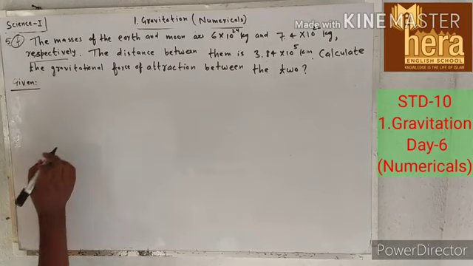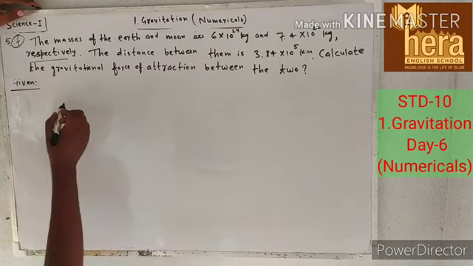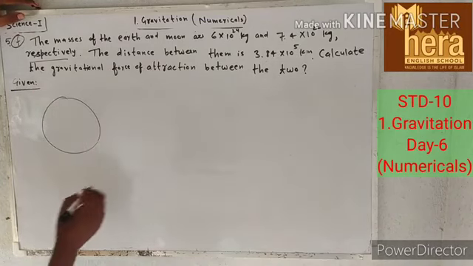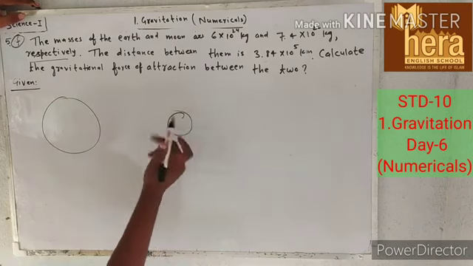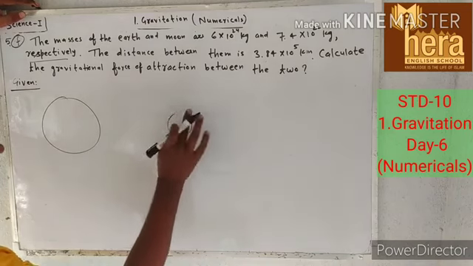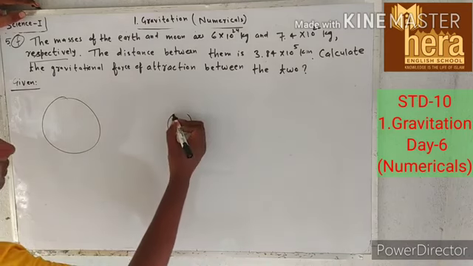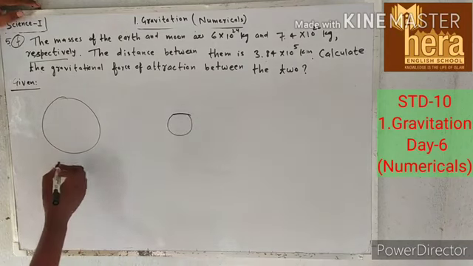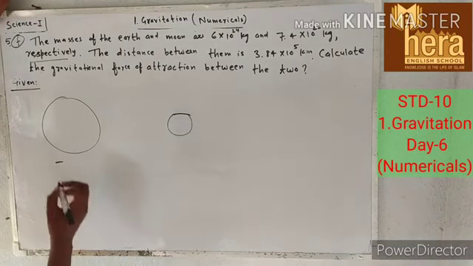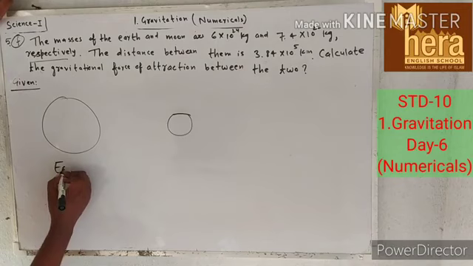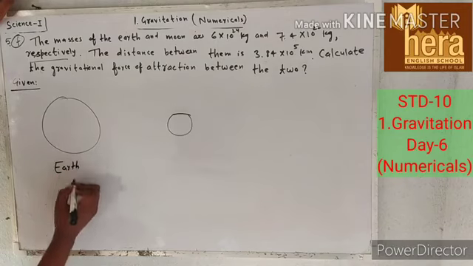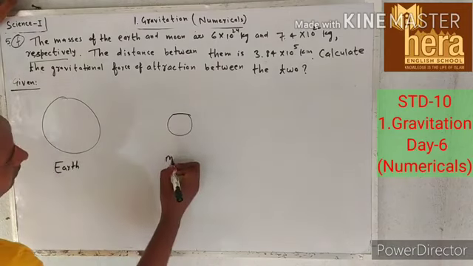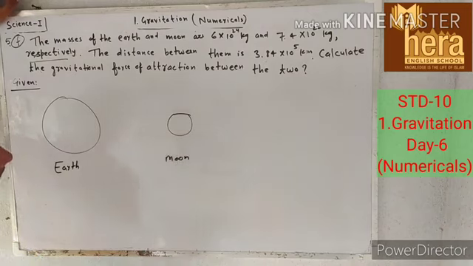Say this is Earth and this is Moon. If you don't make the diagram, you have to write in the language.